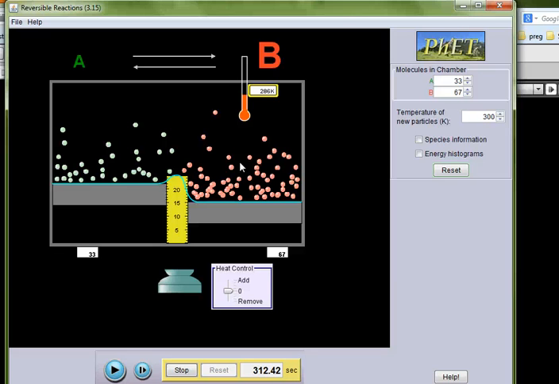So equal amounts of A and B are interconverting, that's the equilibrium. That doesn't mean that the reaction has stopped at the equilibrium, it means that the rate of change for A and B is constant. Is that understood?